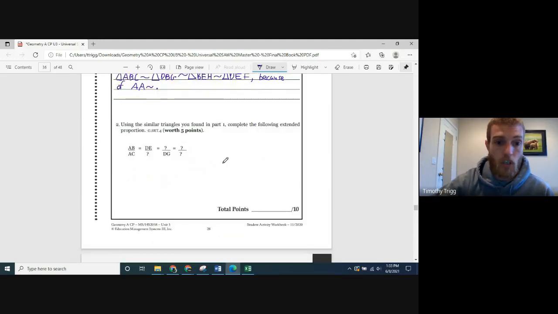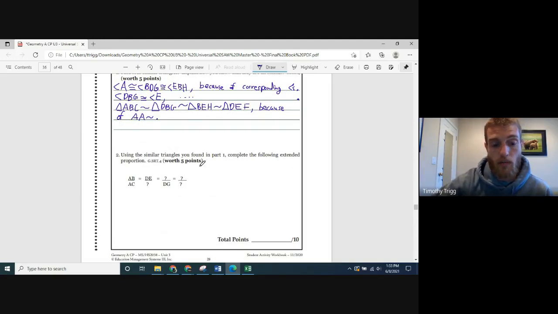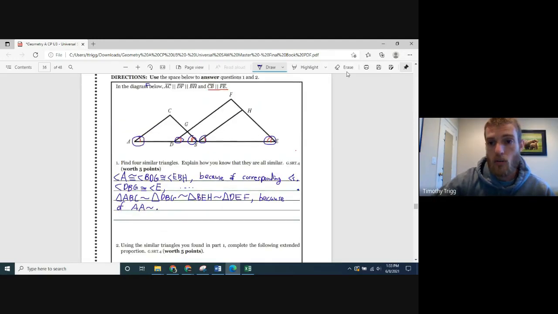Okay, question 2. Using the similar triangles you found in part 1, complete the following extended proportion. So here it says AB over AC. One of the things we want to keep in mind is that when you have similar triangles, the sides are proportional to each other.